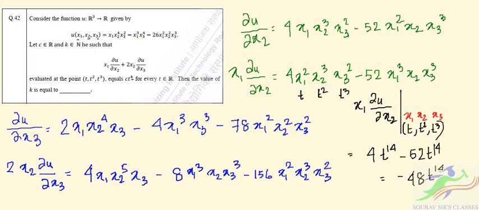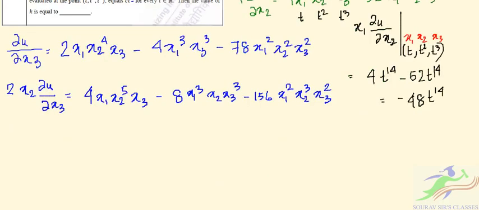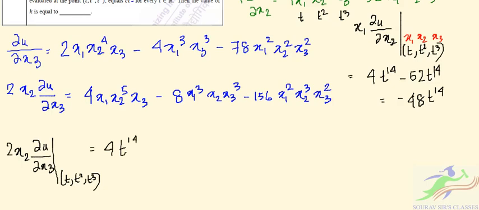Now if we do the same for 2 x2 del u del x3 at (t, t square, t cube), we will have 4 t to the power 14 minus 8 t to the power 14 minus 156 t to the power 14.